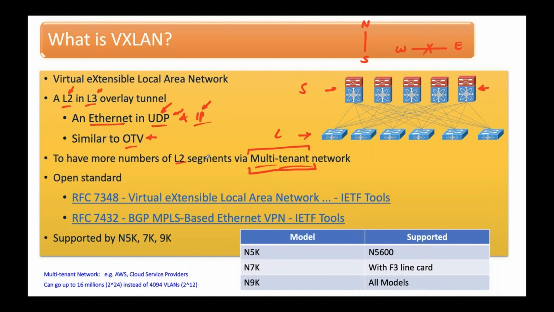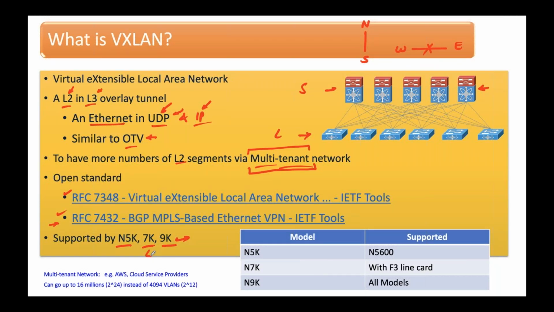Okay, and VXLAN is supported by RFC 7348, and 7432 for our MP-BGP EVPN deployment. We will see what this is. VXLAN is available on which switches? With regards to Nexus 5K, 7K, and 9K. When it comes to 9K, any model of Nexus 9K supports VXLAN.